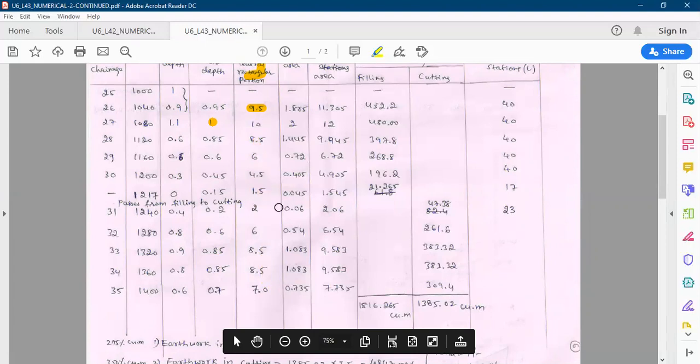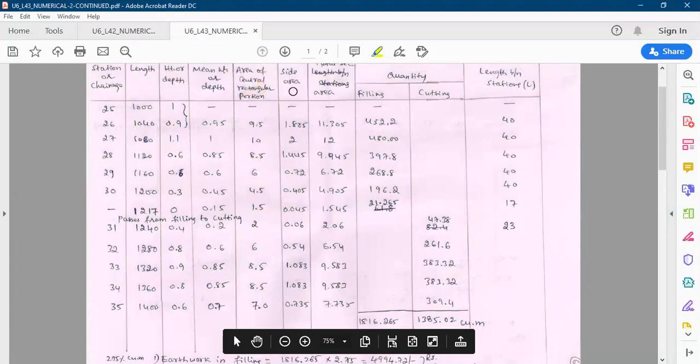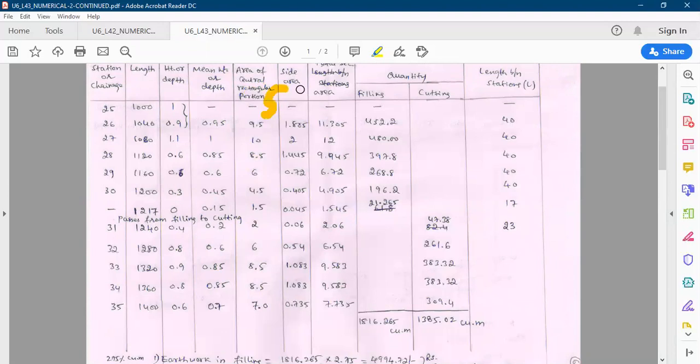Next, when you are calculating side areas, that is S D square, where S is the side slope. Wherever you are getting filling, that portion we have to multiply with 2. Wherever you are getting cutting, you can see that from the next point from the 0, these are all the portions which we are getting as cutting.